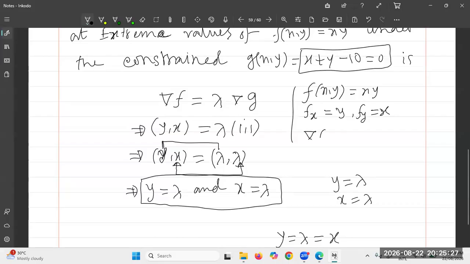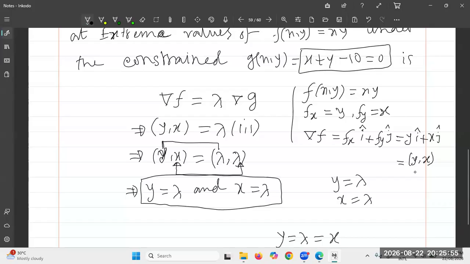So the gradient of f is fx i vector plus fy j vector. fx is y, times i vector, and fy is x, j vector. Another representation of this vector is just y comma x, that means the coefficient of i vector and the coefficient of j vector.